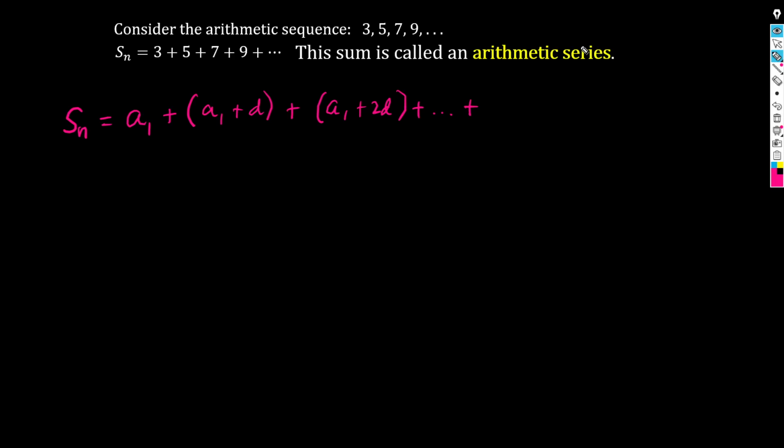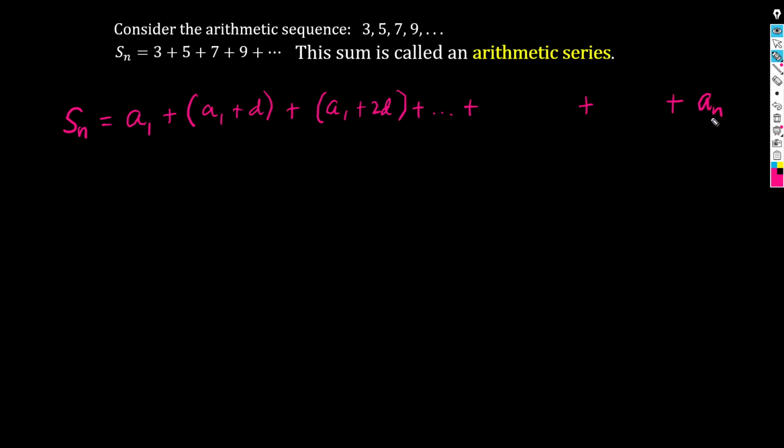So instead, let's look at this, no? What if I start from the end instead? Ano ba yung last term natin? Ano ba yung nth term natin sa isang arithmetic sequence? Di ba A sub n naman talaga? A sub n. Ang denotation natin for the nth term of an arithmetic sequence.